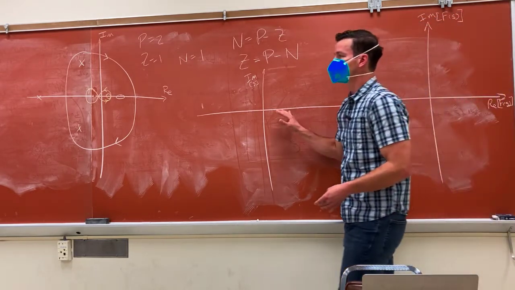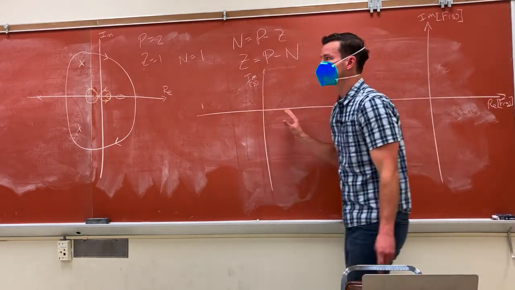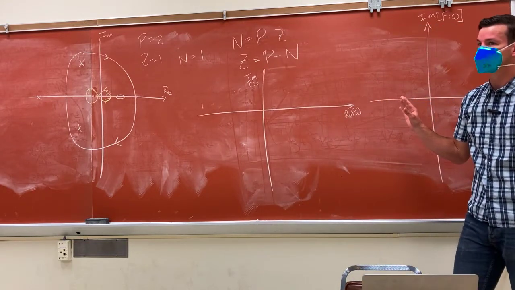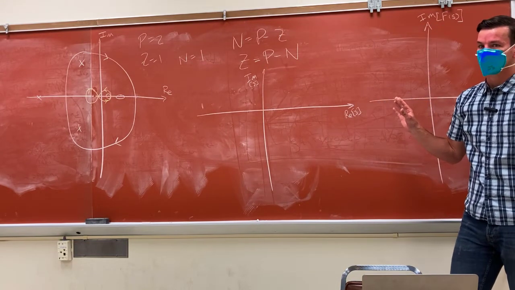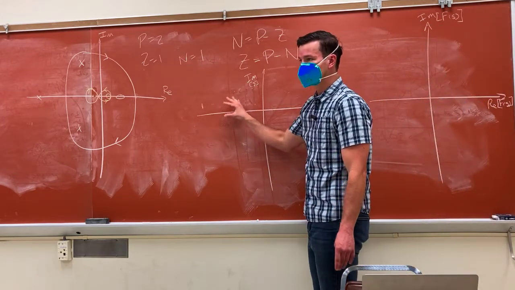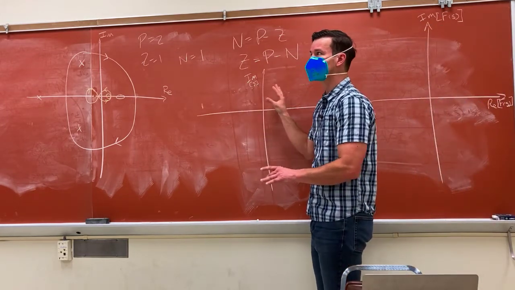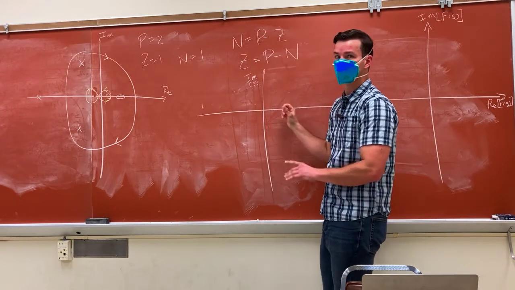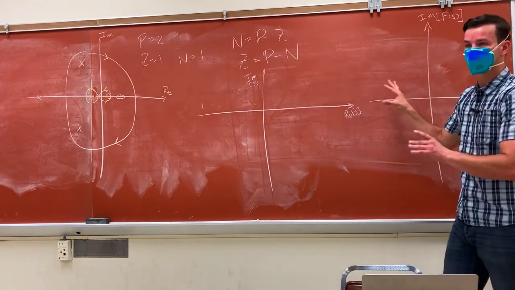What region of the s-plane would be really nice to know if there were any poles or zeros in it? I want to know where the poles and zeros are, but in terms of aggregate number, it would be really nice to know how many were in the entire right half plane.